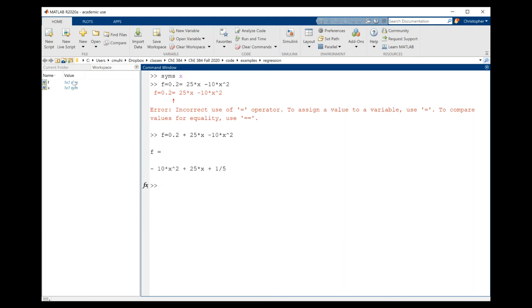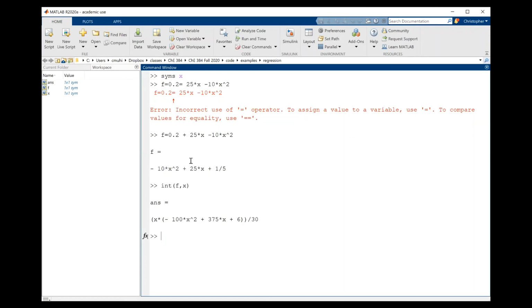You can tell because in the workspace, we have this f, and it says sym, and we're seeing x's come out in this functional form. Now I can tell MATLAB to integrate f by x. So if I hit enter, we now get the answer to my solution.